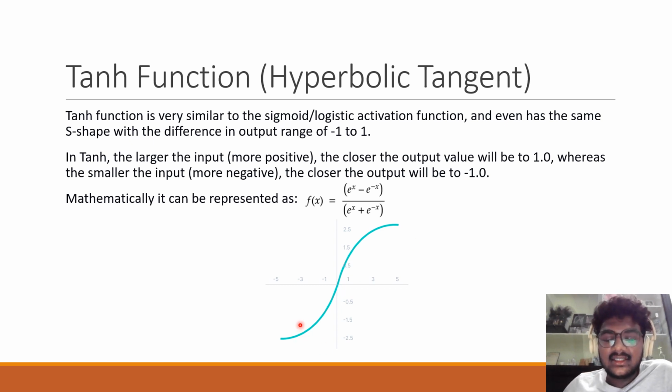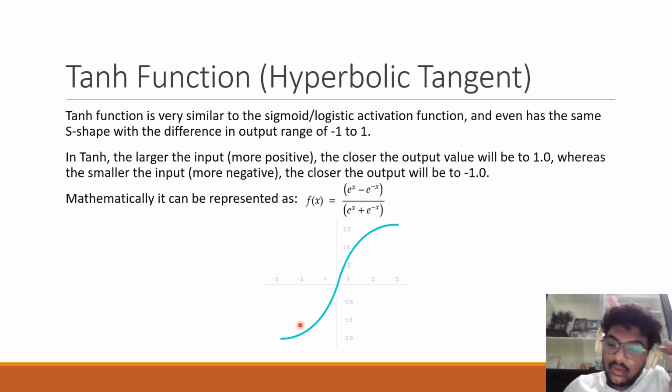In TanH, the larger the input, more positive we can say, the closer the output will be to 1, whereas the smaller the input, like negative, the closer the output will be to -1.